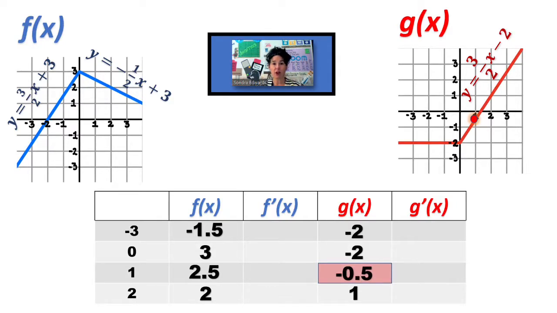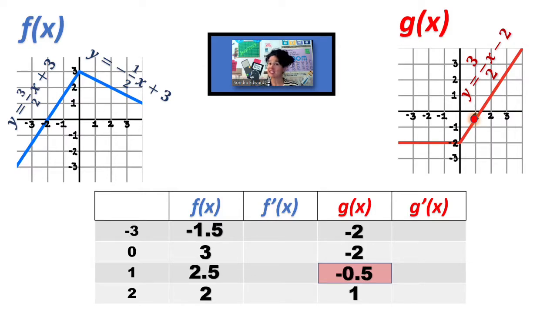Now that we've evaluated the functions at -3, 0, 1, and 2, let's just pause to collect your thoughts. One way that we could evaluate was to simply look to the x-axis at that x value, go up or down till we hit the curve and say, what's the y-coordinate? And sometimes that y-coordinate is obvious.